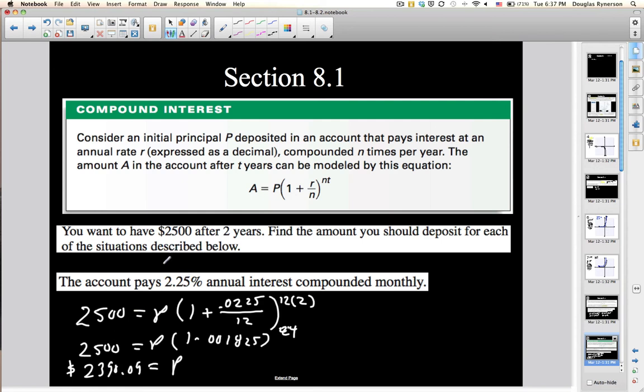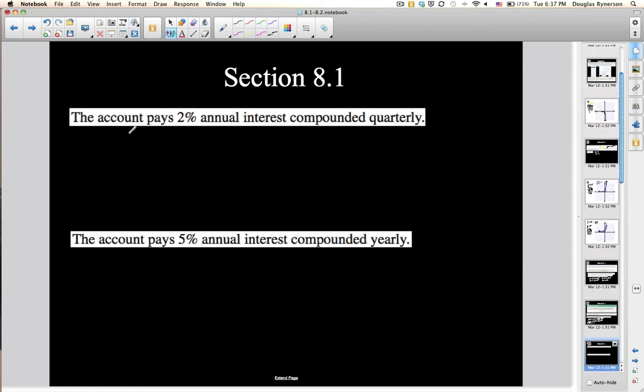Okay, so let's take a look at how changing the interest rate and changing how frequently we compound impact the situation. In this case, we're going to look at 2% interest, less interest, compounded quarterly, so also compounded less frequently.